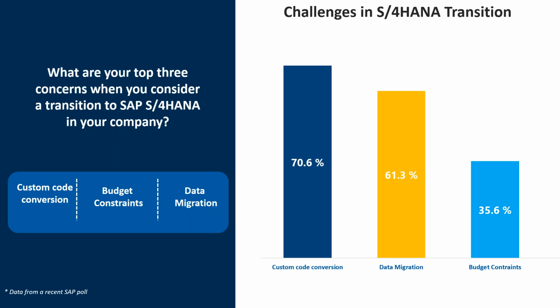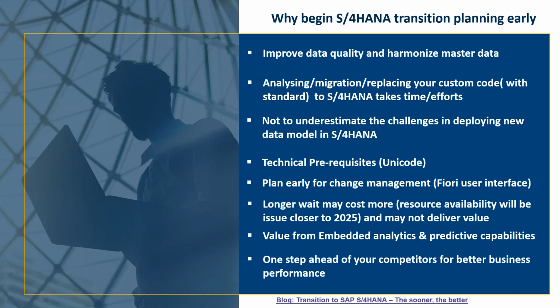The second biggest concern is data migration, 61%. And then the third concern is, of course, the budget constraints and lack of business case. That's one of the main reasons you should start planning your S/4HANA transition much earlier to handle those challenges.